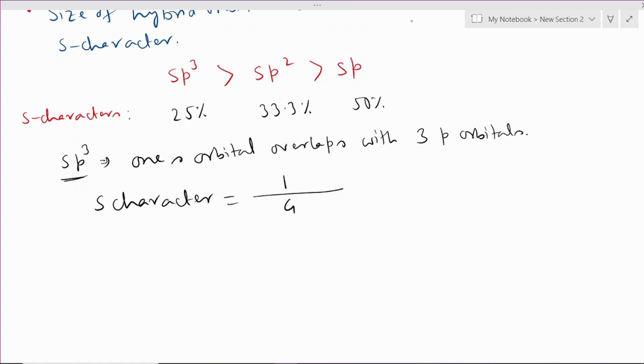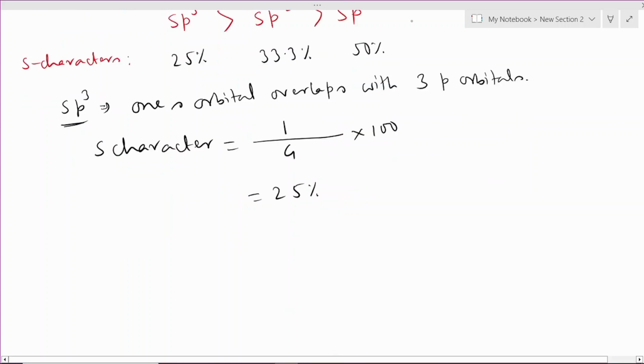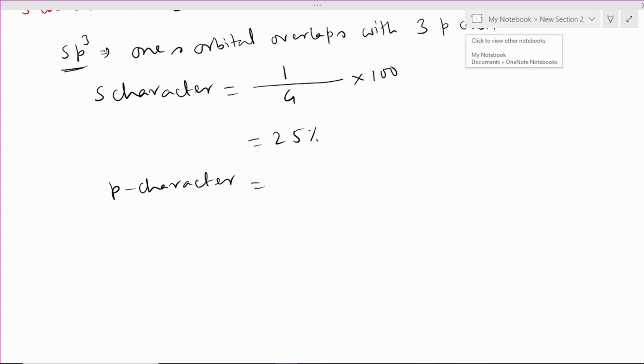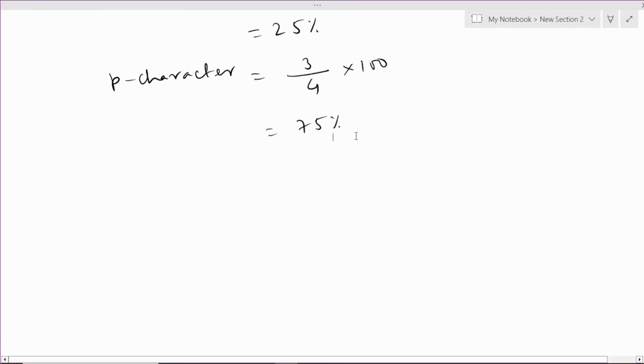So 1 upon 4 into 100, so 25%. And if we calculate the p character, there are 3p atomic orbitals, so 3 upon 4 into 100, that is 75%. This is how we calculate the s character and p character.